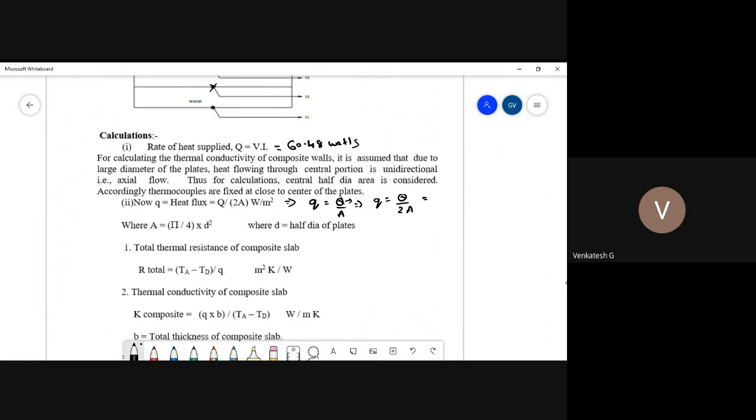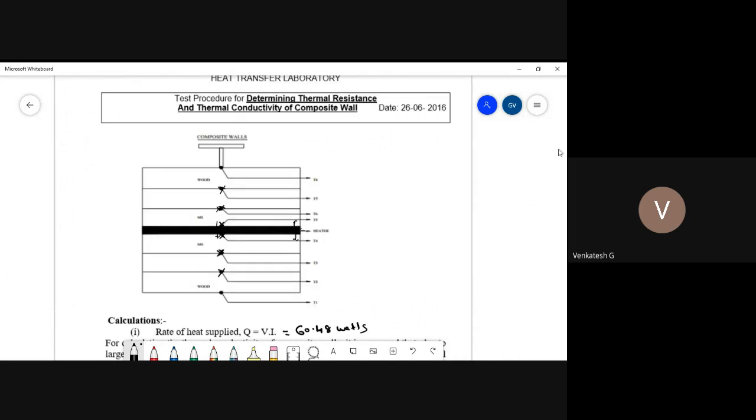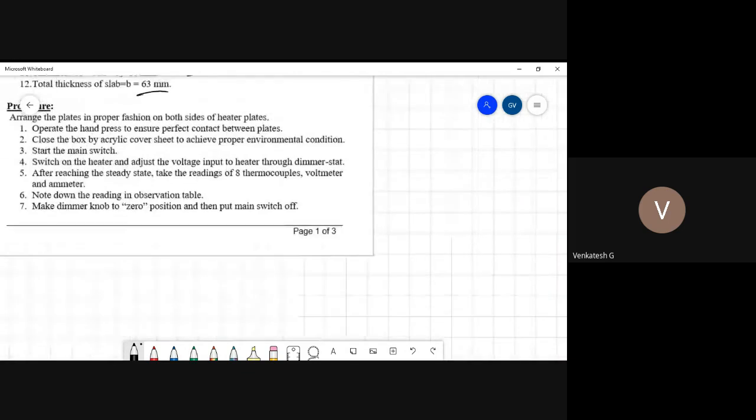If you calculate this, it will be around 3852. Here you can calculate the area from the diameter of the plate, which you can see in the specifications.